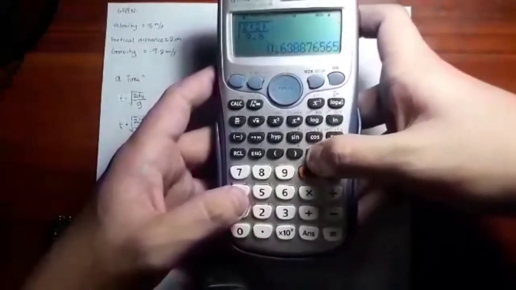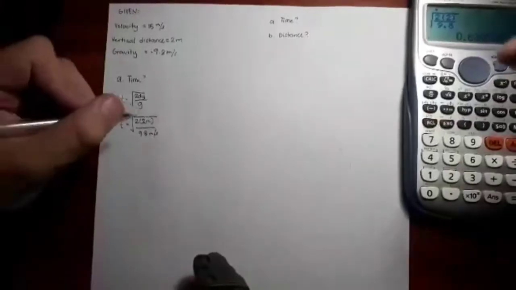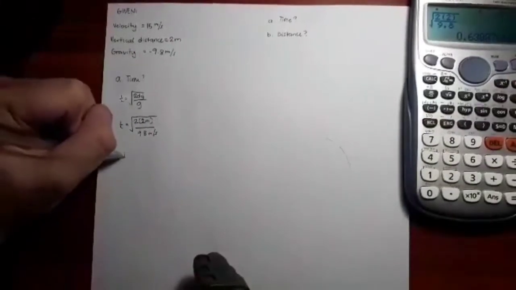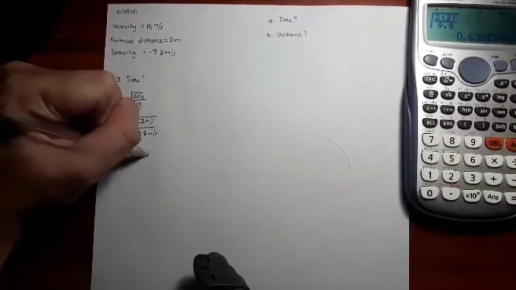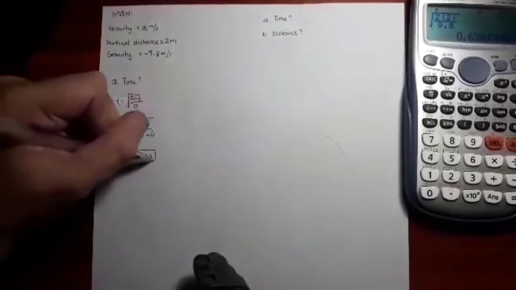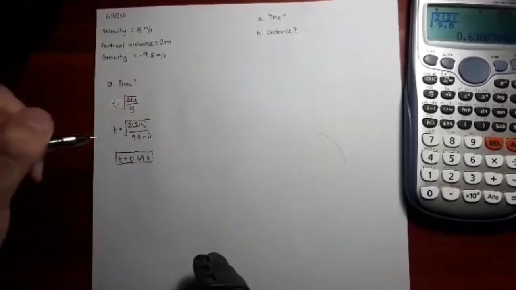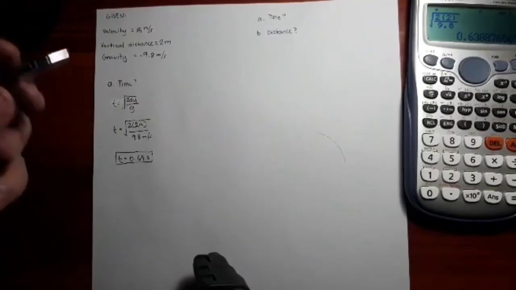So, it is equal to 0.64 seconds. So our time, t, would be equal to 0.64 seconds. So it takes 0.64 seconds for the ball to travel before it hits the ground.